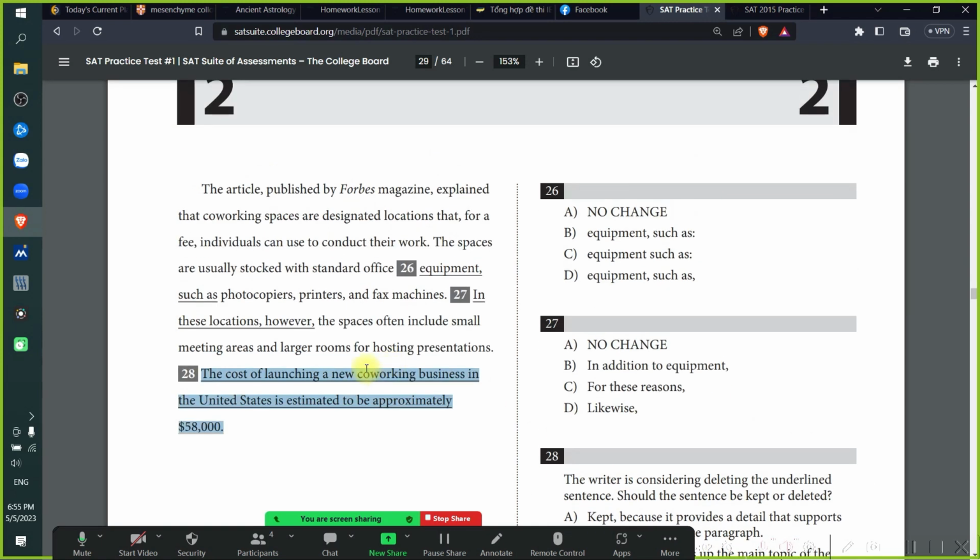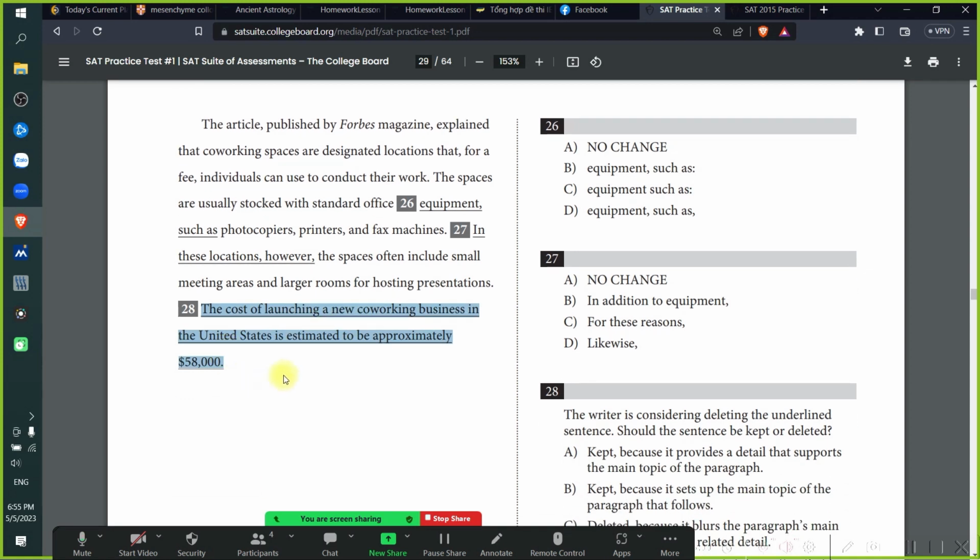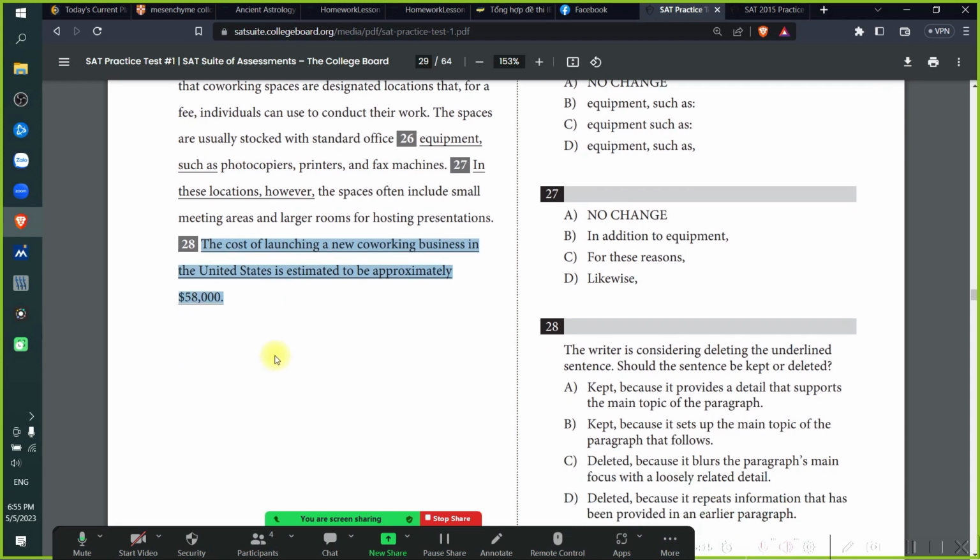Nó nói về cái chuyện mà cái co-working space đó nên có cái gì. Nhưng mà cái ý là về cái tiền bạc á, chỗ này á, nó không có liên quan. Nó làm con người ta bị sao nhãng ra khỏi cái ý chính của cái đoạn này. So delete it. Because it blurs the paragraph's main focus with a loosely related detail. Okay, good. Sorry, I cough.